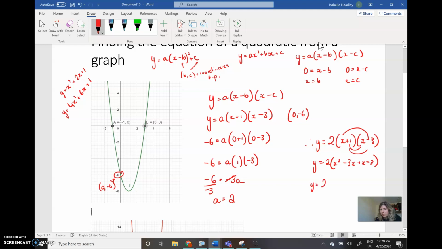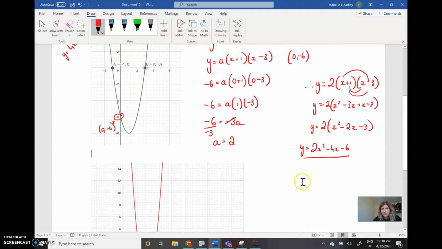So here we've then got 2(x squared minus 2x minus 3), because minus 3x plus x is -2x. And then we multiply all of that by 2 out the front, so we're going to have 2x squared minus 4x minus 6. And that's our final equation.